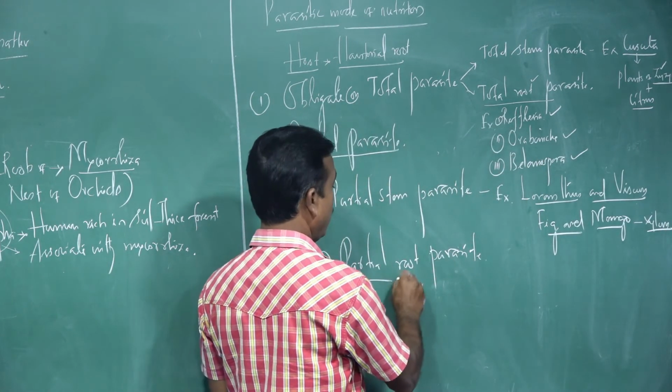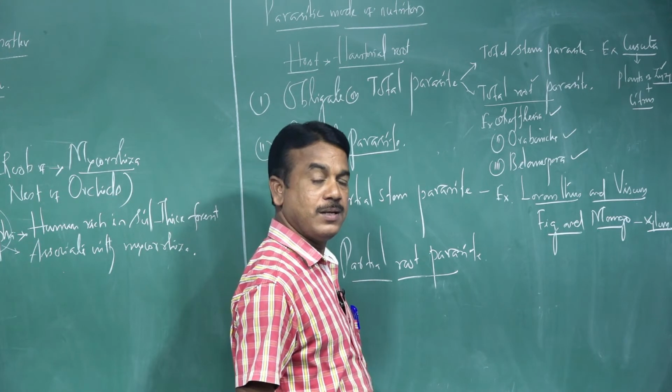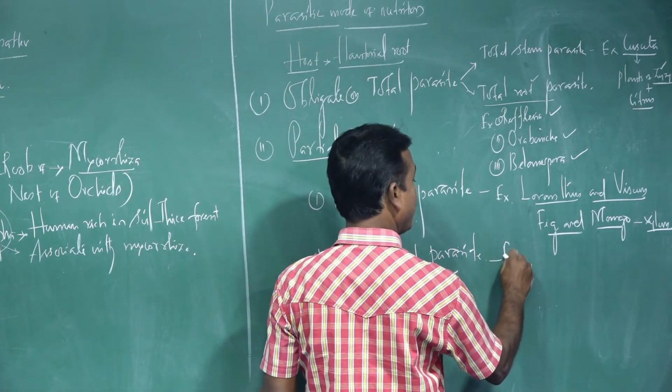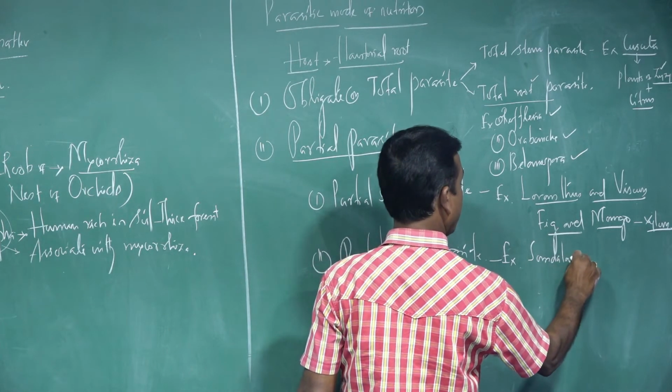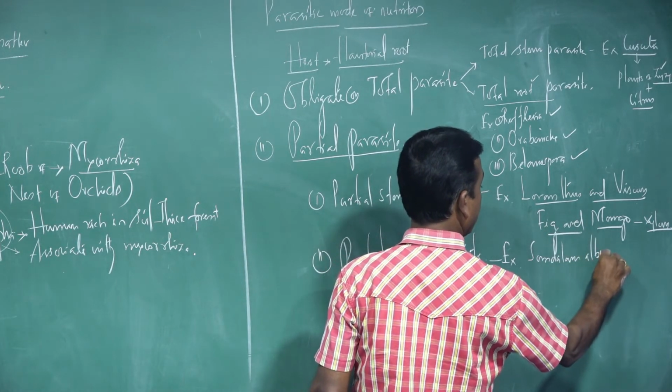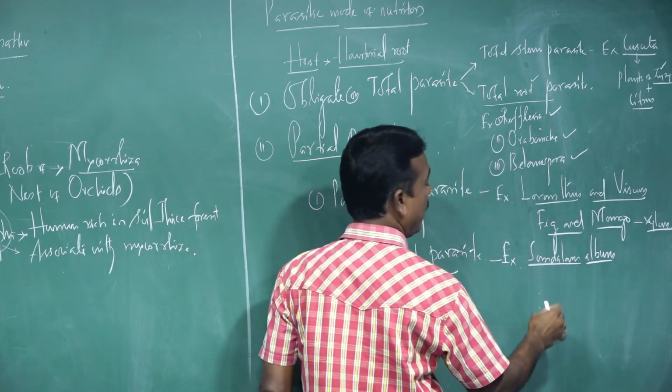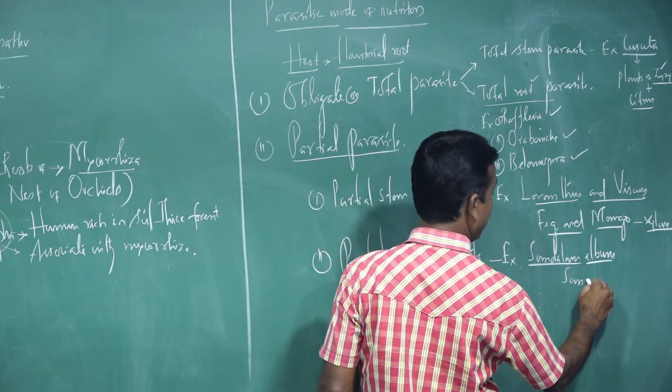The last one, partial root parasite. A partial root parasite is generally Santalum album. This is the binomial name of the sandalwood tree.